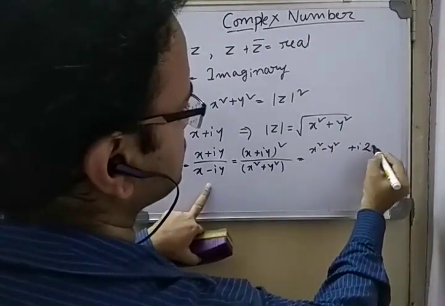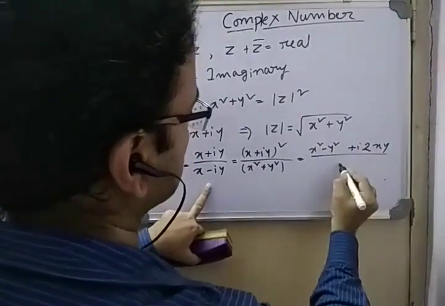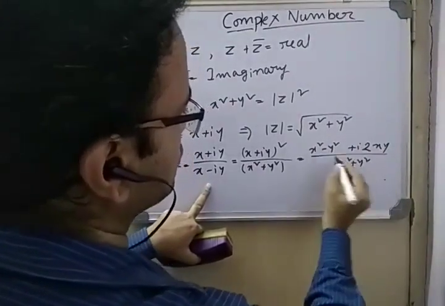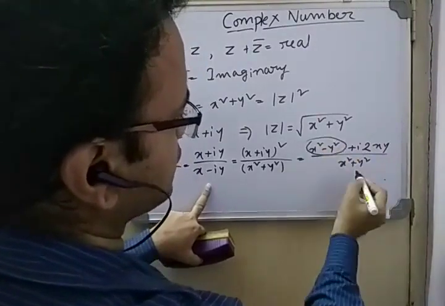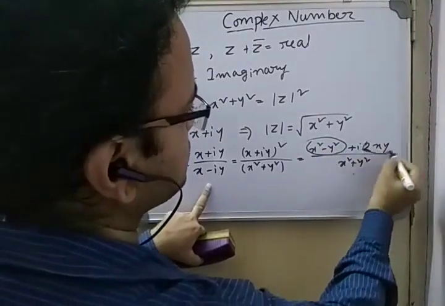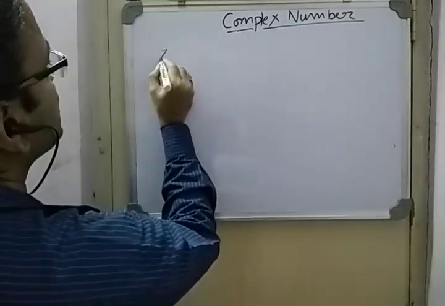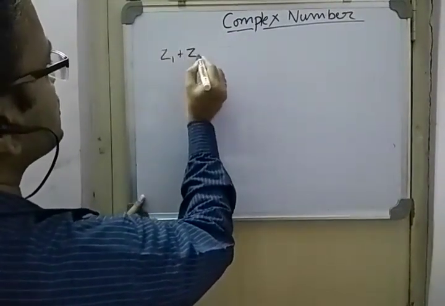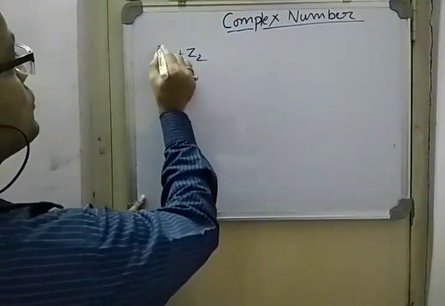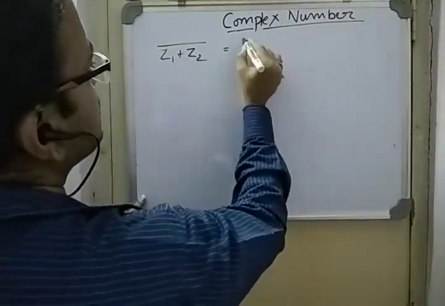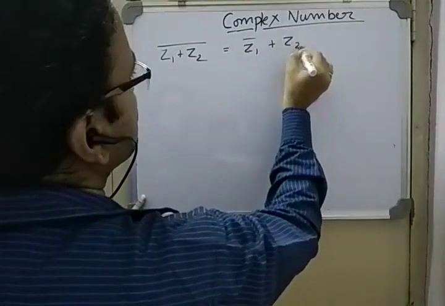I am just giving some step jumps. So this by this plus i into this by this. So this is again a complex number. Suppose there are two complex numbers z1 and z2. If you take the bar of the sum, it will be z1 bar plus z2 bar.